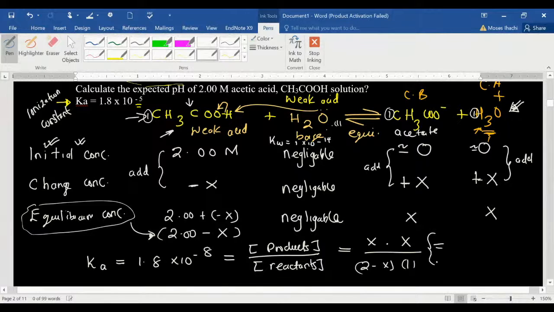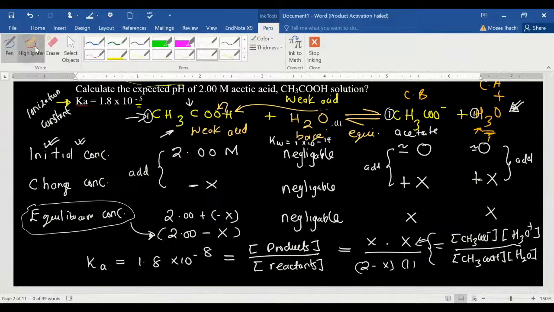So in other words, what I've done here to get this expression, I have the concentration of the acetate multiplied by the concentration of hydronium. Those are the products, divided by the concentration of acetic acid multiplied by the concentration of H2O. So like I say, the concentration of H2O is 1, because it's a liquid.